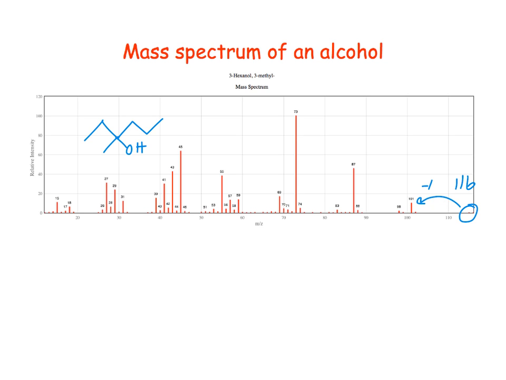We can easily lose 15, just an alpha cleavage. We can lose ethyl, which would be to 87, minus 29. So that's loss of an ethyl going this way. We can lose the propyl group, minus 43.